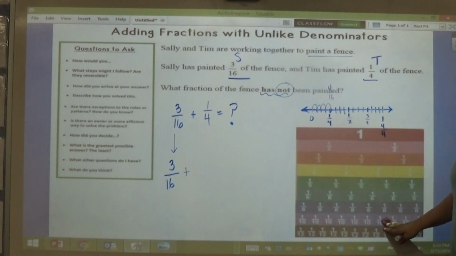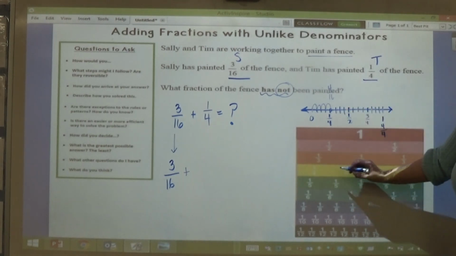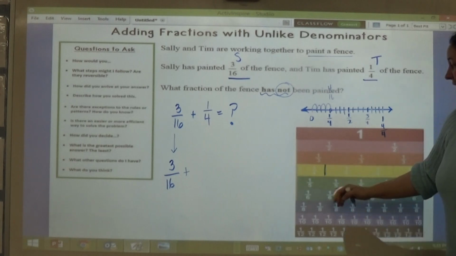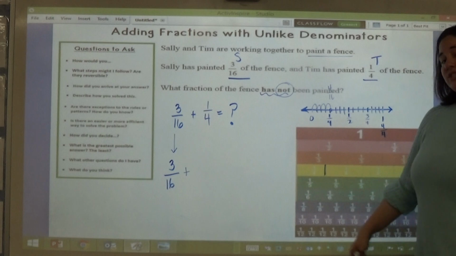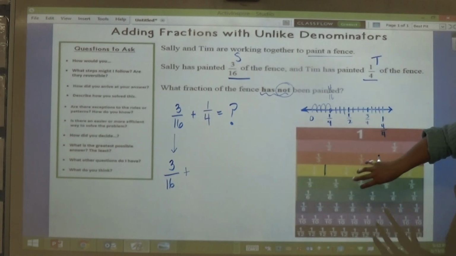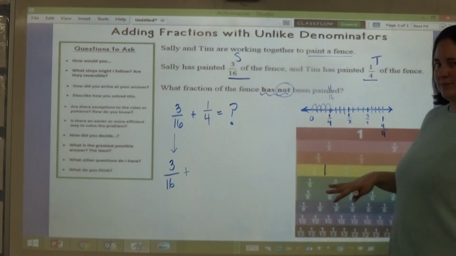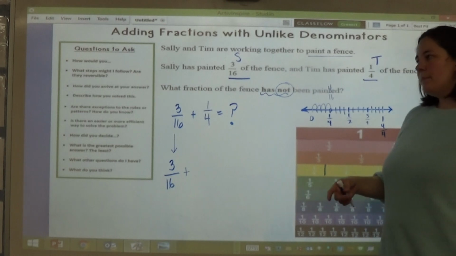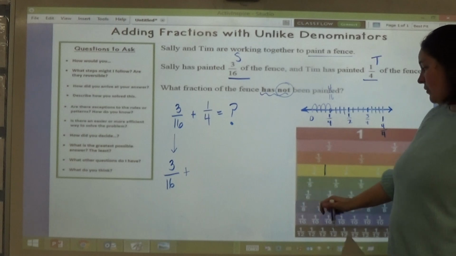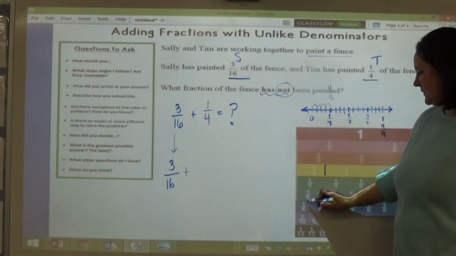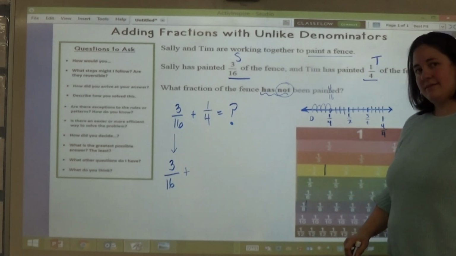We could also use our fraction strips, our fraction bars. So we're looking at 1/4. I'm going to go ahead and just mark where that 1/4 ends. That's 1/4. And now let me look for my 16ths. I don't have 16ths on these fraction bars. So this particular set of fraction bars isn't going to help me with 16ths necessarily. But wait a minute, I know 1/16 is also half of 1/8.